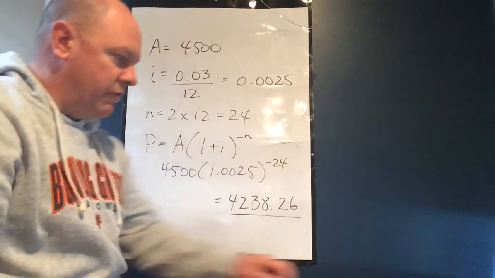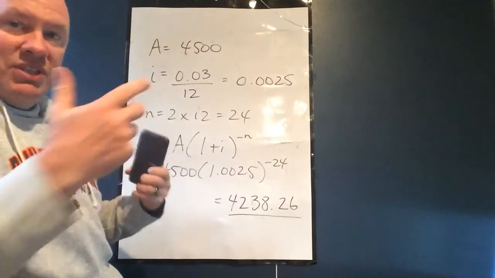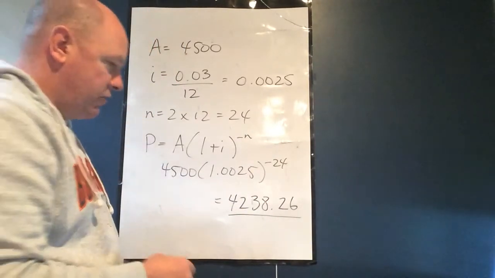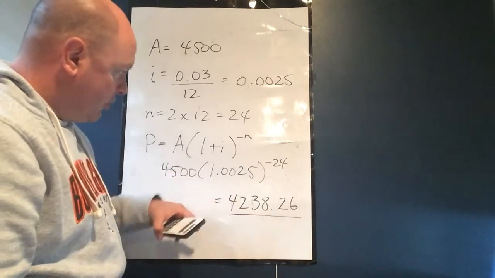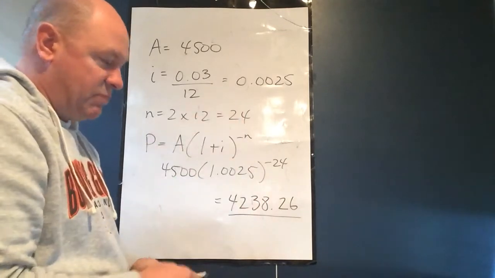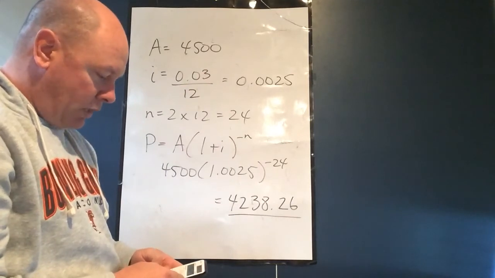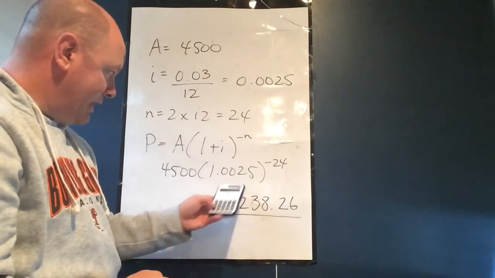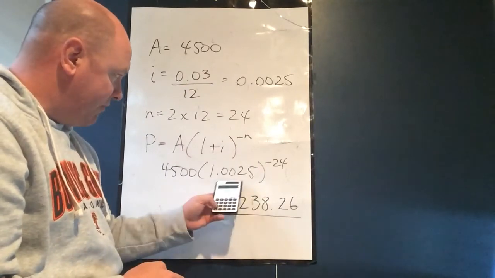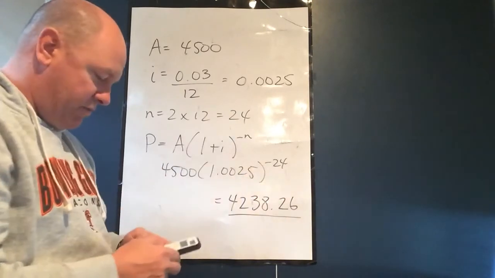Again, when we're looking for present value, we're going to use the negative exponent. If we're going to use the first method, we're just going to keep it as a positive, but it's going to be underneath as a denominator. Sometimes what I like to do here is type in the bracket first and the exponent and then multiply it by 4,500.